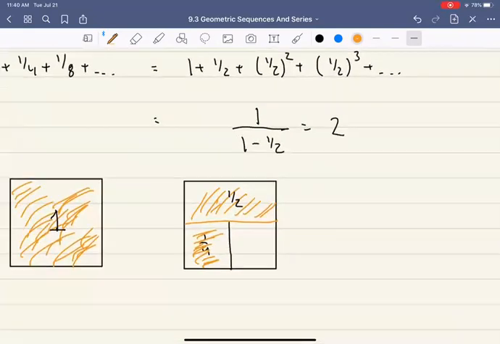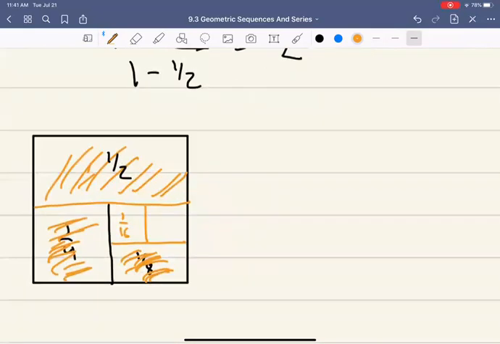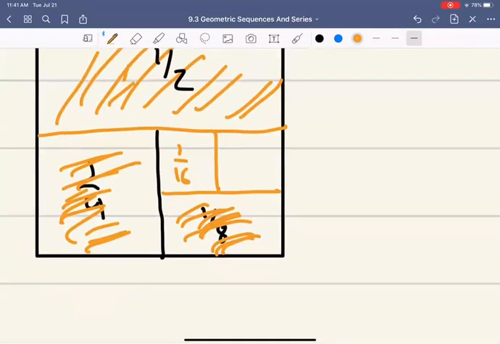Okay, let's zoom in. 1/8 is half of 1/4. So that's what's left here. 1/16 is half of 1/8. Oh, this is beautiful. 1/32 is half of 1/16.